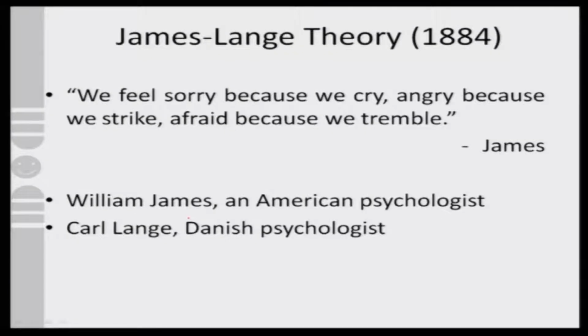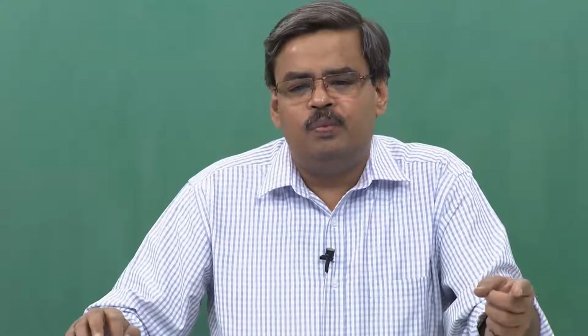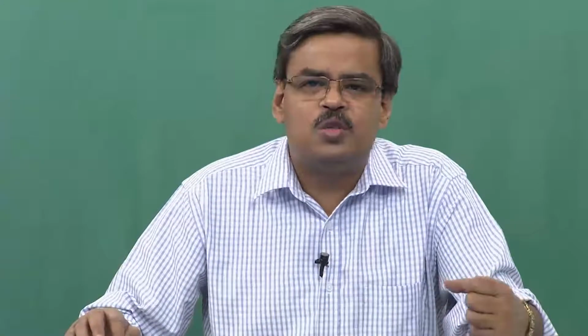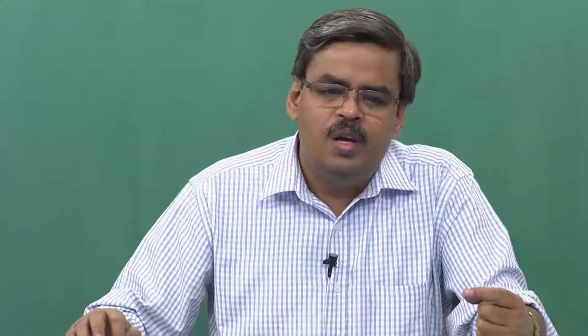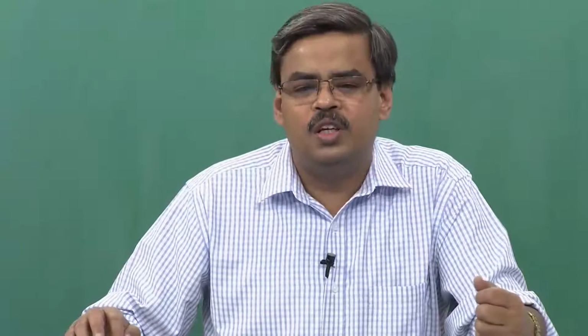James, I am quoting him, said, "We feel sorry because we cry, angry because we strike, afraid because we tremble." So, what he was saying was that it is not that you first feel the emotion and then you respond to it. He said that because you cry, therefore, you feel sorry in a given situation.